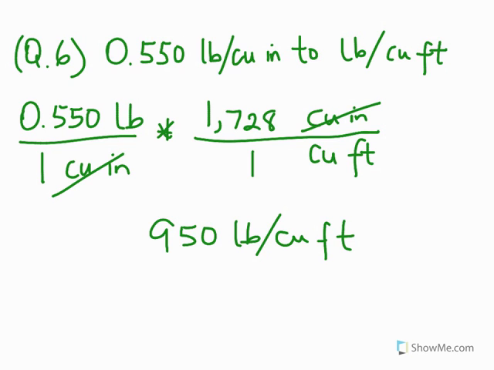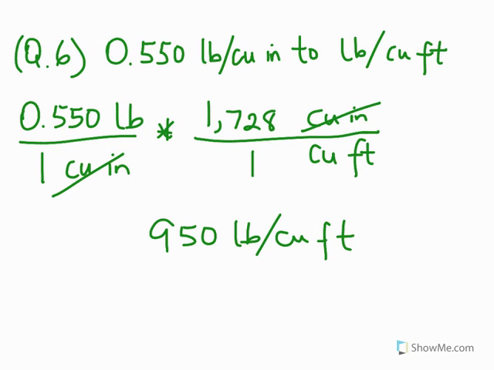But if you write 950, that means this is now 2 significant digits, right? And the question is 3 significant digits. In this case, you're kind of stuck on this. If you leave this like this, that is okay.